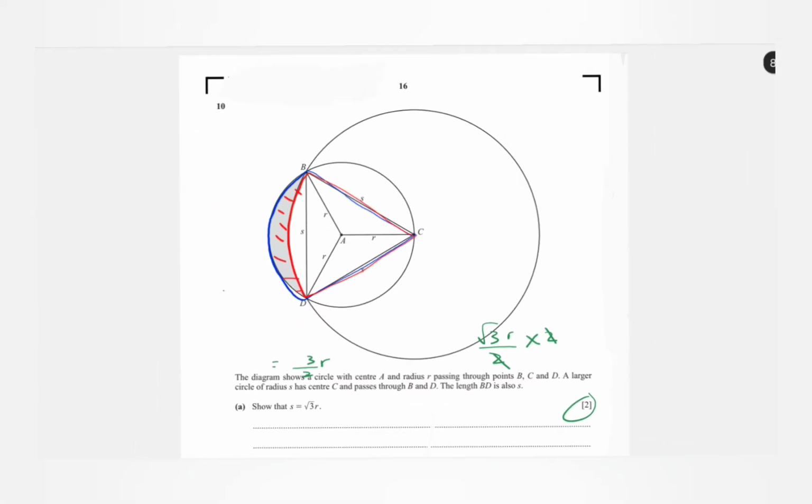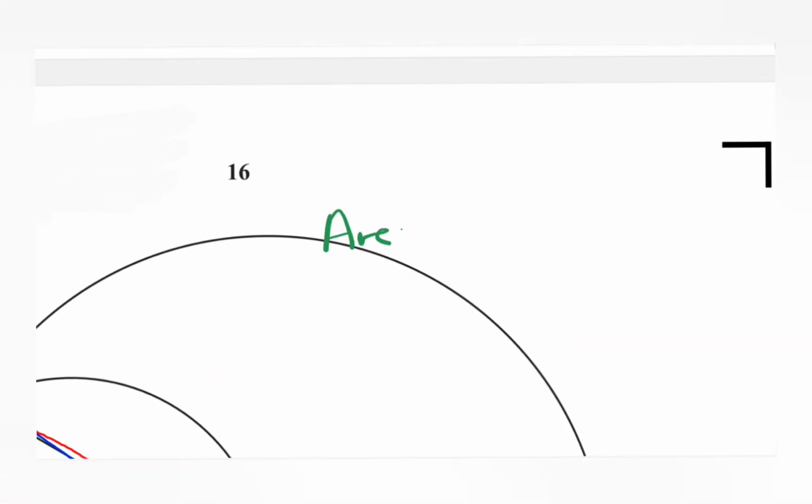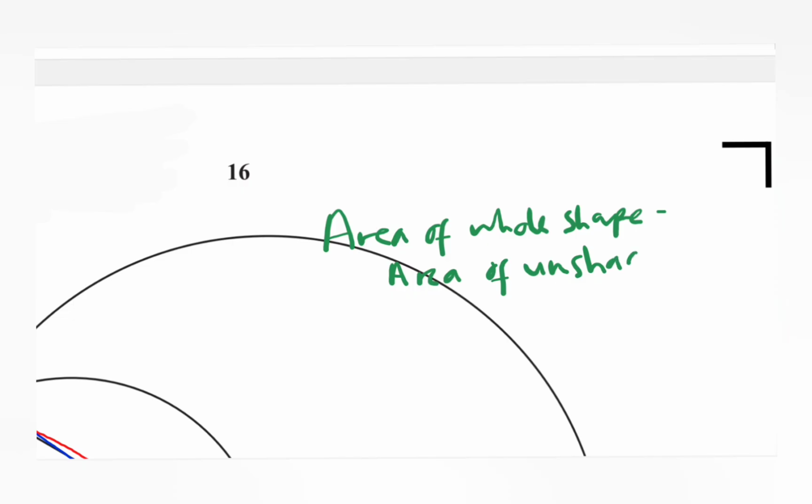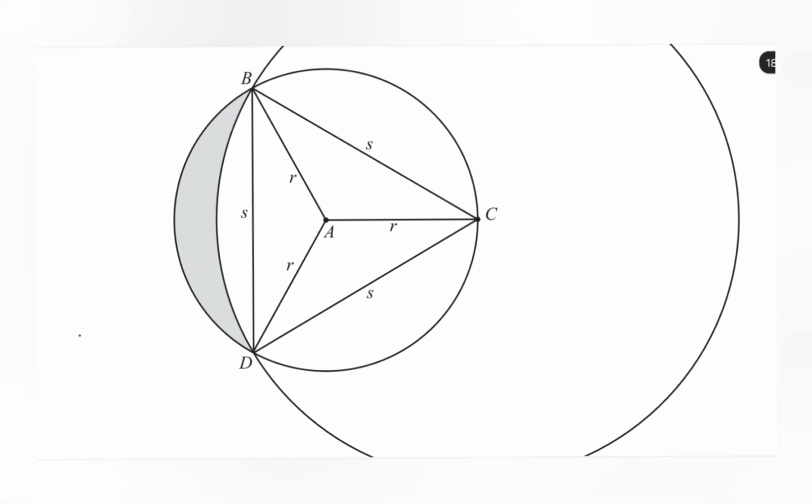And again, I think I'm going to use this part so that I can refer to the diagram. So we're going to say area of whole shape minus area of unshaded part, area of the unshaded part. Right, now for the area of whole shape, if we look closely, we can see that it's made up of this sector.